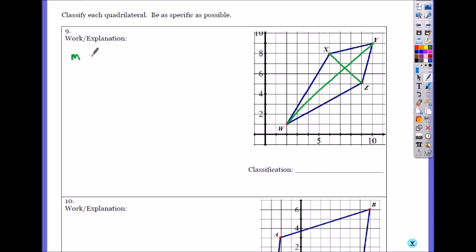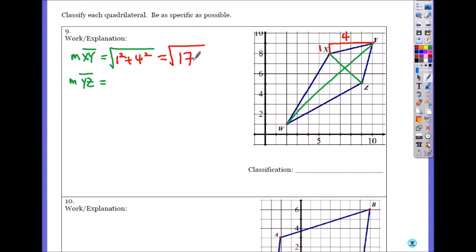So the measure of length XY, the measure of length YZ, and we are predicting those two are equal, but you have to show it. Using the Pythagorean theorem, it's 1 up, 4 to the right. So a squared plus b squared equals c squared: 1 squared plus 4 squared, and you square root it, so you get square root of 17.